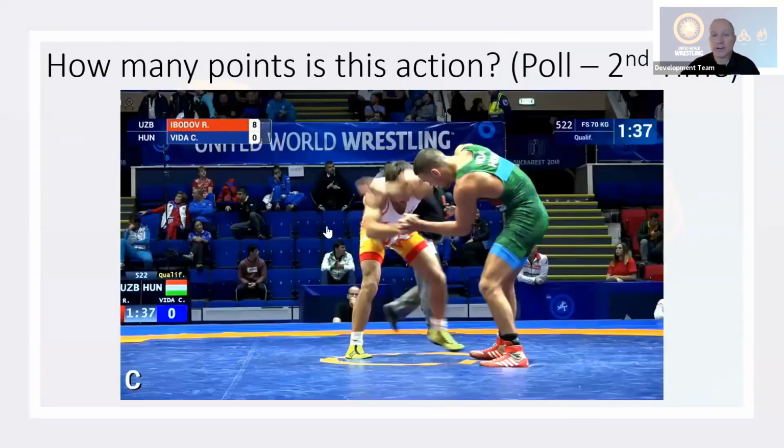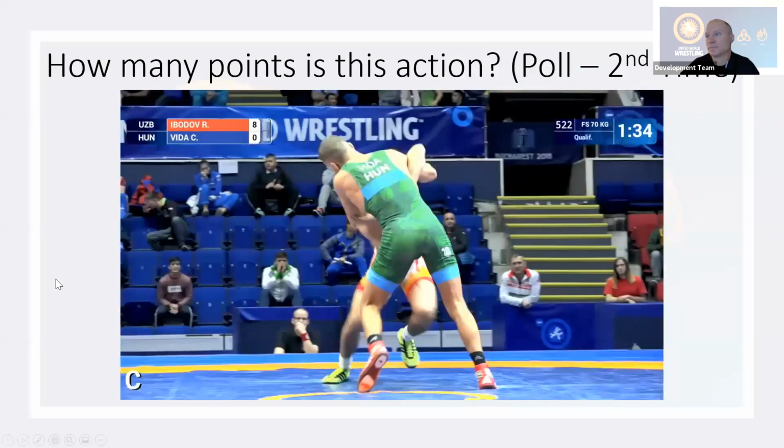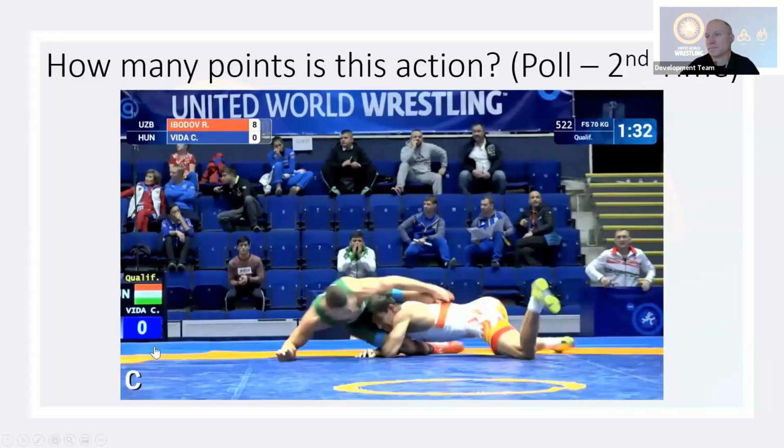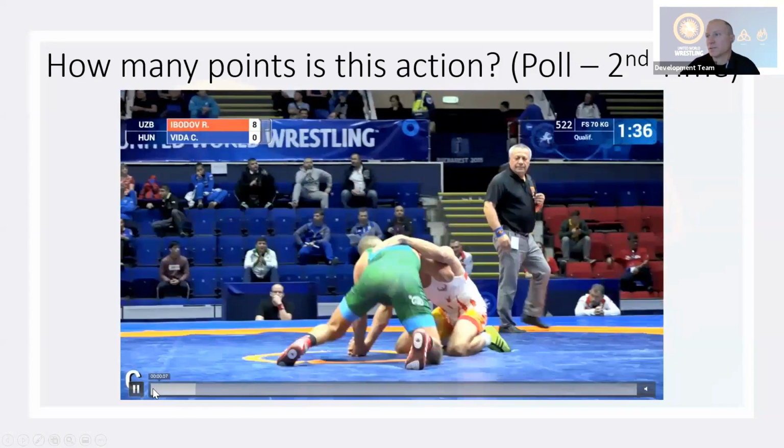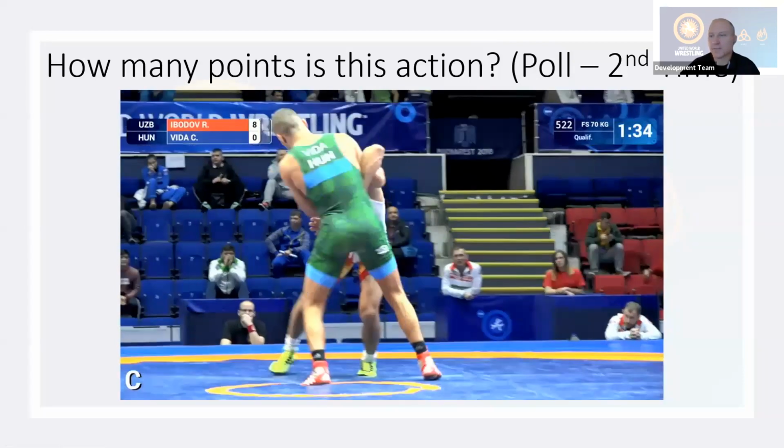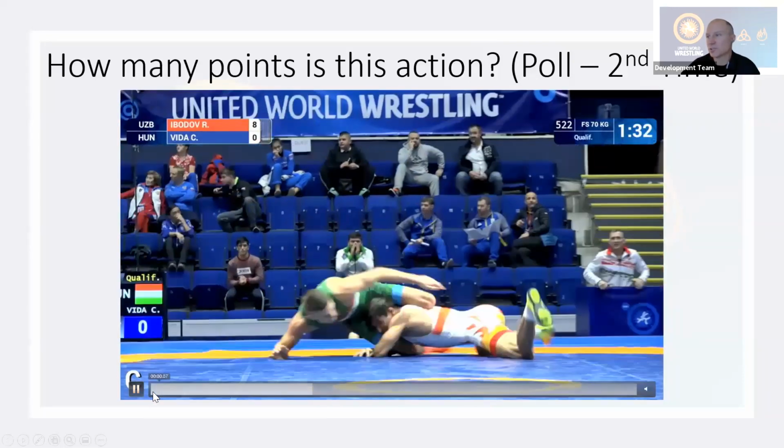All right, so here is the last situation again. I'm going to play it 2 more times, and then I'm going to rerun the same poll and see if there's any change in the scoring, at least your thought process. I'll show it one more time because the first one started a little in the middle, so we'll try it again.